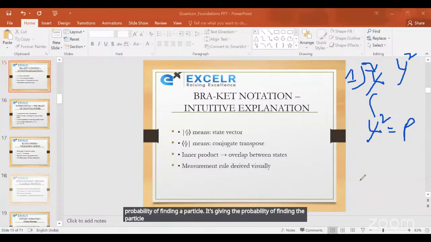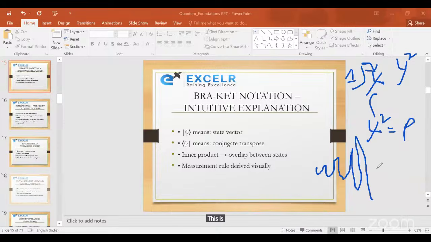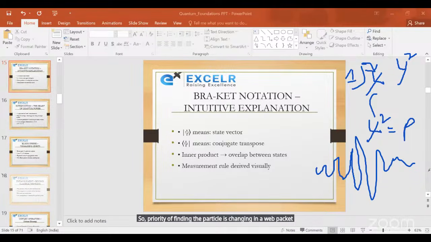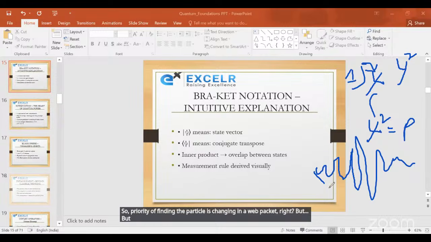We have studied that this is the case of a wave packet, so the probability of finding the particle changes within a wave packet. But the whole wave packet is in the universe, in the earth.